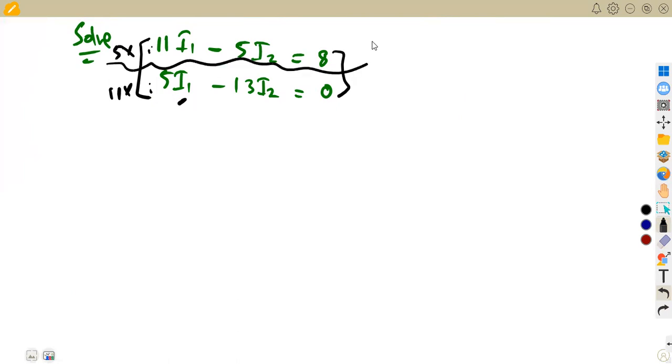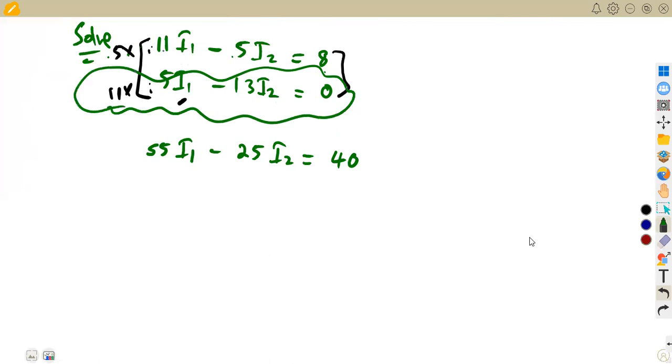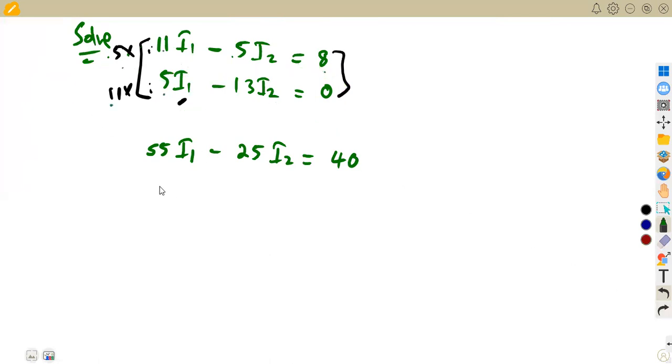So the 5 multiplies each and every term on top: 5 times 11 is 55I1, 5 times negative 5 is negative 25I2, equal to 5 times 8, which is 40. The same with 11: it multiplies each term there. So 11 times 5 is 55I1, minus 11 times 13, which is negative 143I2, is equal to 0. 11 times 0 is 0 there.